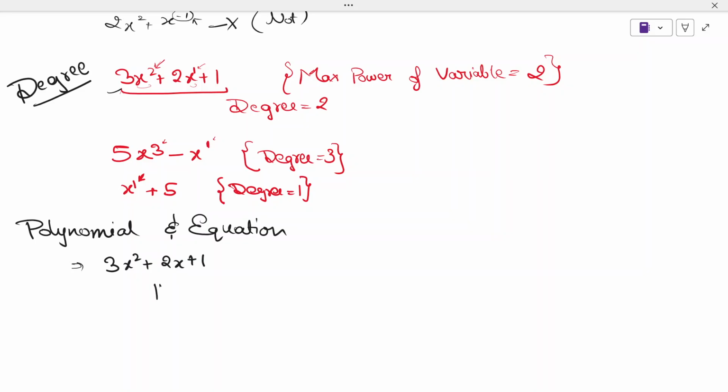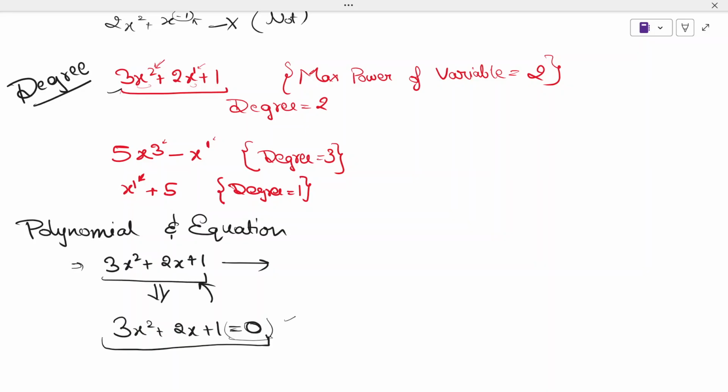Here, if we equate this polynomial with 0, it will become an equation. If we equate a polynomial with 0, it becomes an equation. And if we remove this equate 0 from the equation, it becomes a polynomial. This is basically the difference between polynomial and equation. If we equate any polynomial with 0, it becomes an equation. And if we remove this equate 0 from any equation, it becomes simply a polynomial.